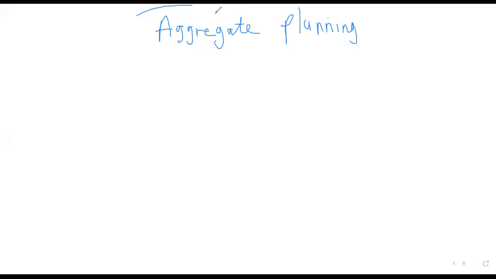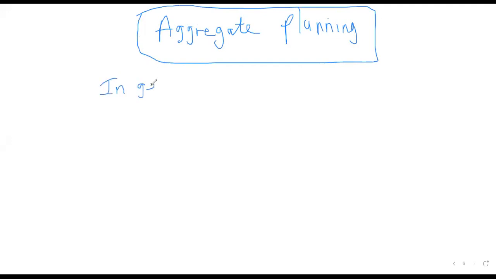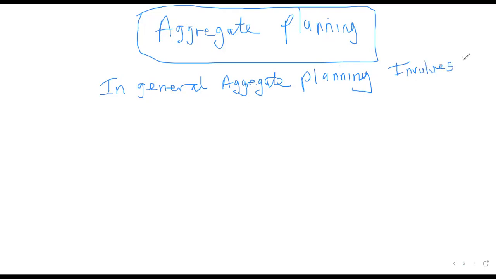So in general, aggregate planning involves the following.